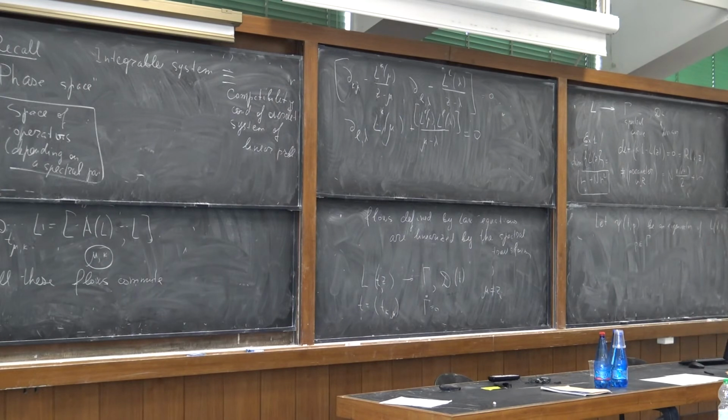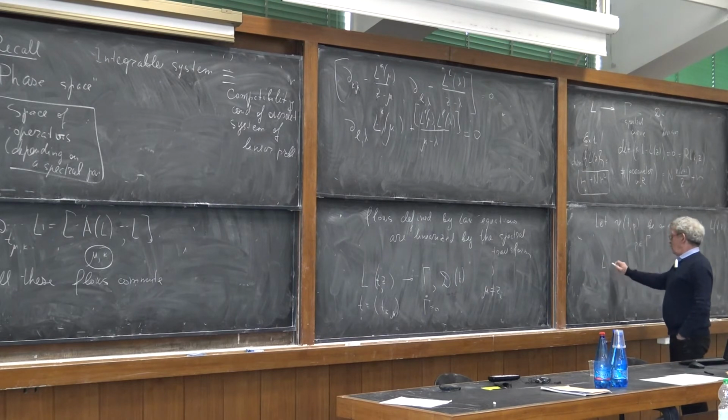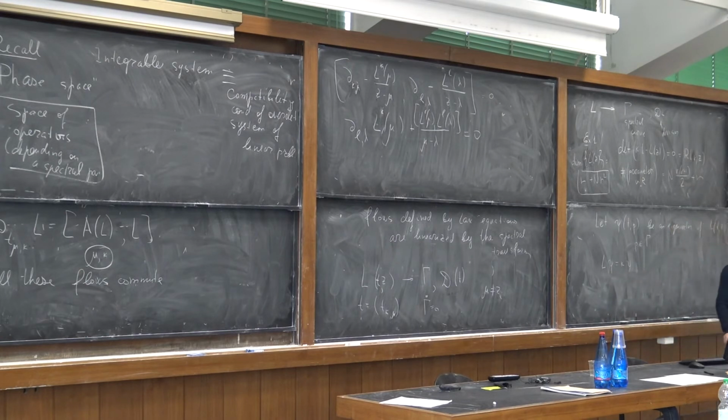So for each point of the spectral curve, we have an eigenvector of a matrix L by definition of the spectral curve. So what is the equation of psi? If L evolves according to Lax's equation, psi evolves also somehow.